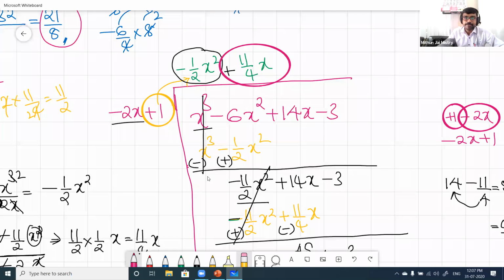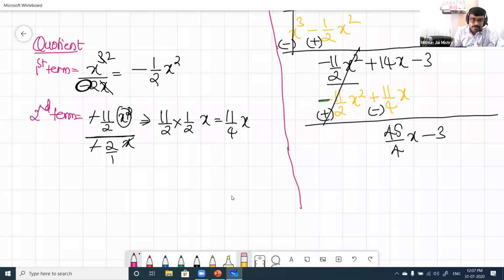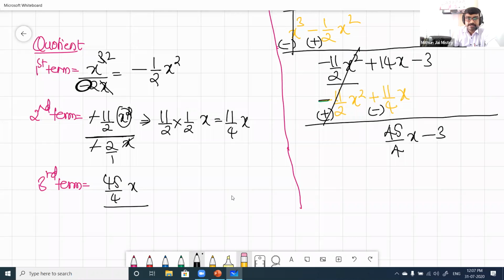Now have a look, what should be our third term? The third term, the last term, is inside first term by outside first term. What is inside first term? 45 by 4x. Then by outside first term, which is every time the same, minus 2x.